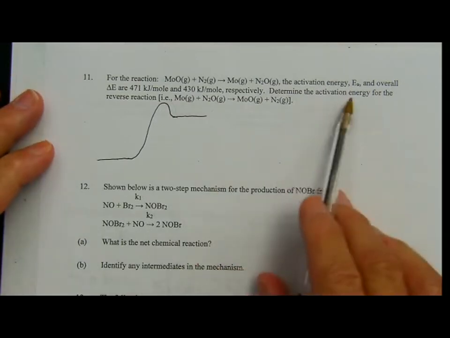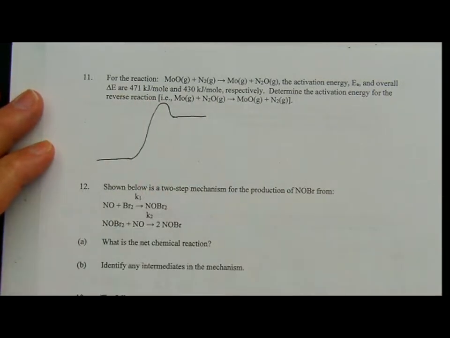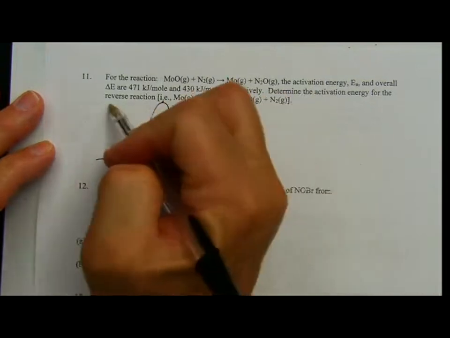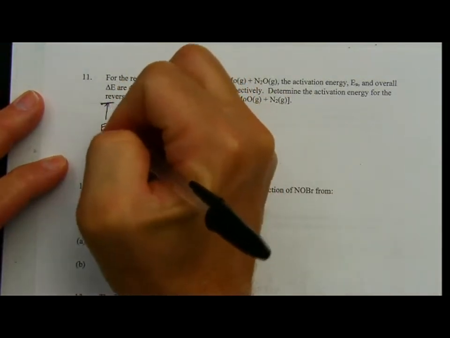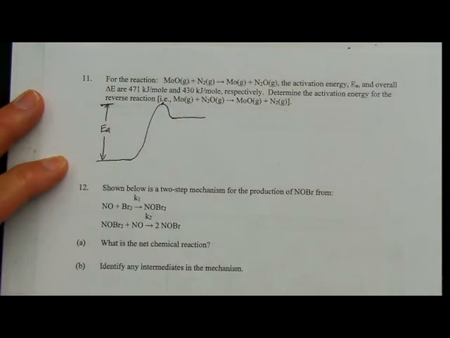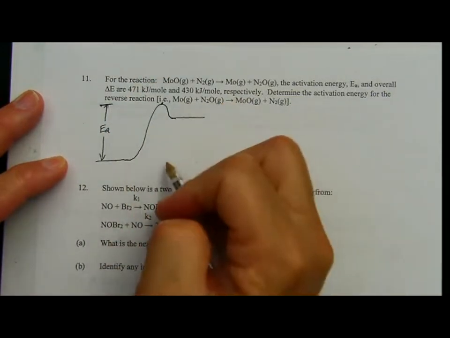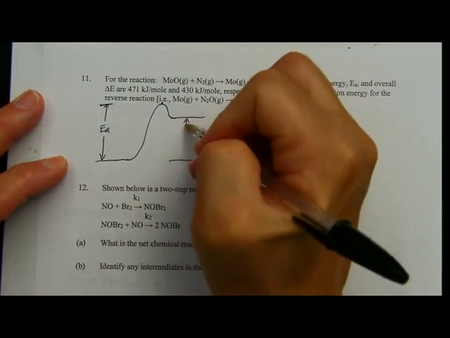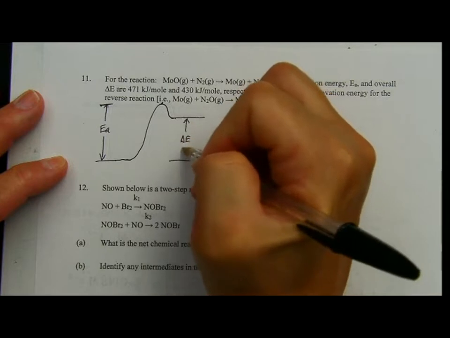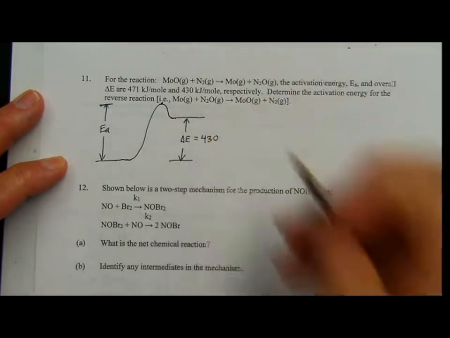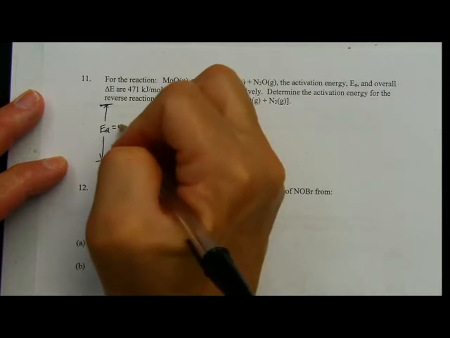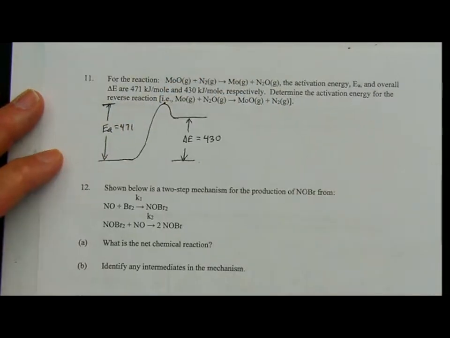Here we're given information for the forward reaction. So that distance right there is the activation energy, and this distance right there is the delta E, which is given as 430, and then 471 for that.